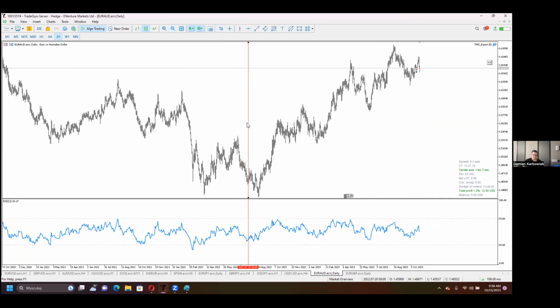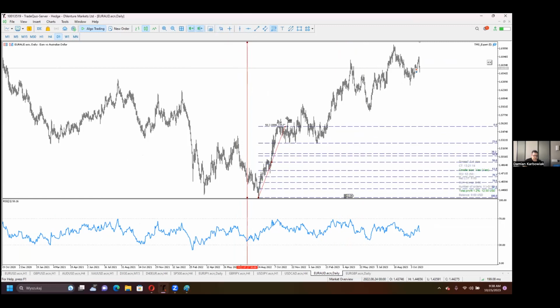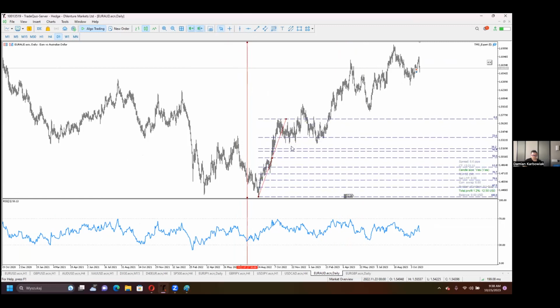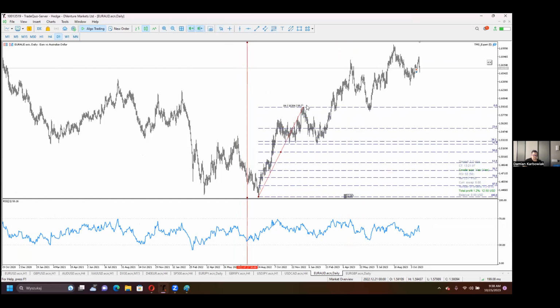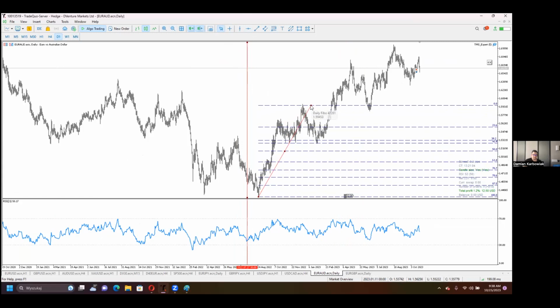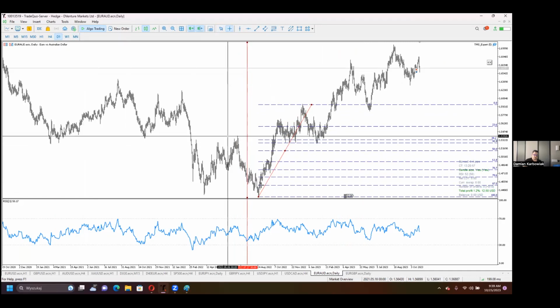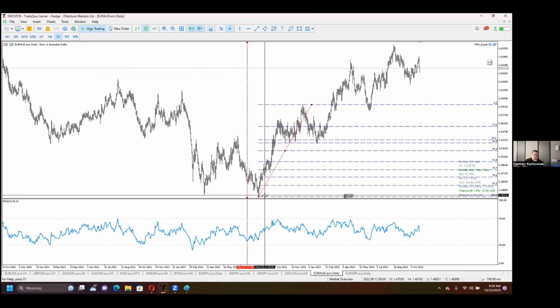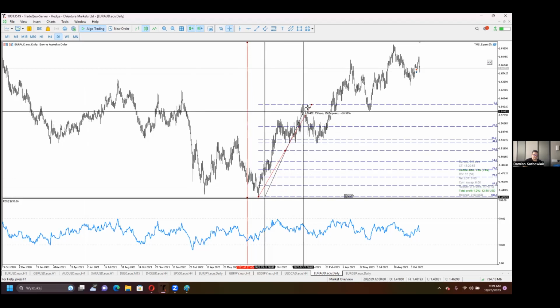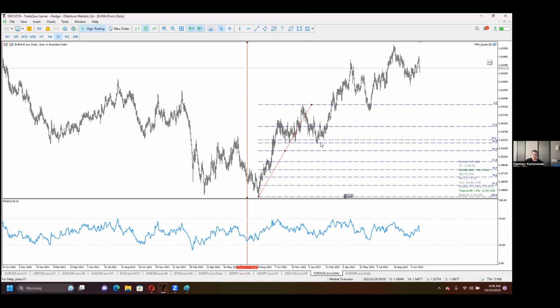From the bottom, we had the first movement, but the price didn't touch the shallow A. Okay, we had the next movement, and here already the price touched the shallow A. So what we can think is, after the overbalance of the wave C, the new movement started. And after the first movement, we have the next movement, which touched the level of shallow A.